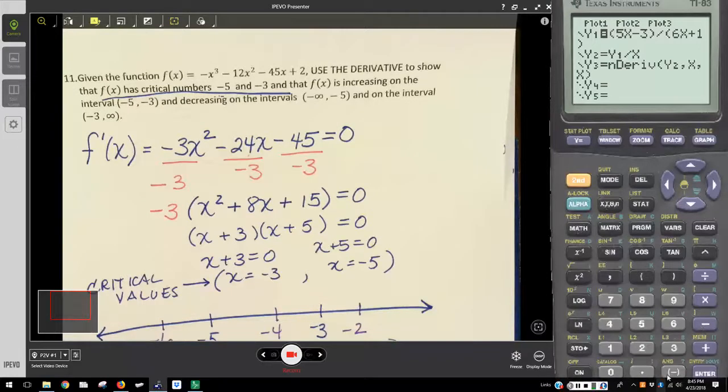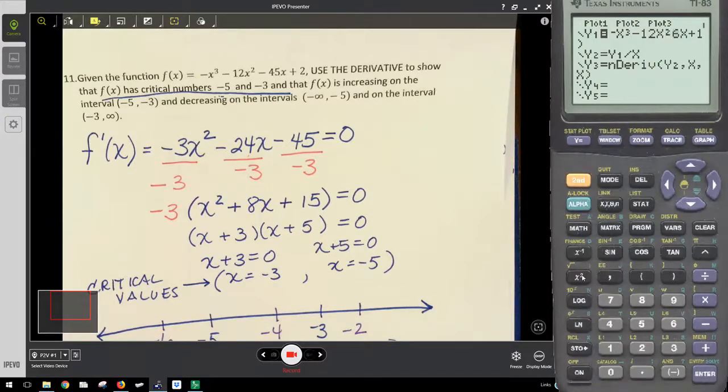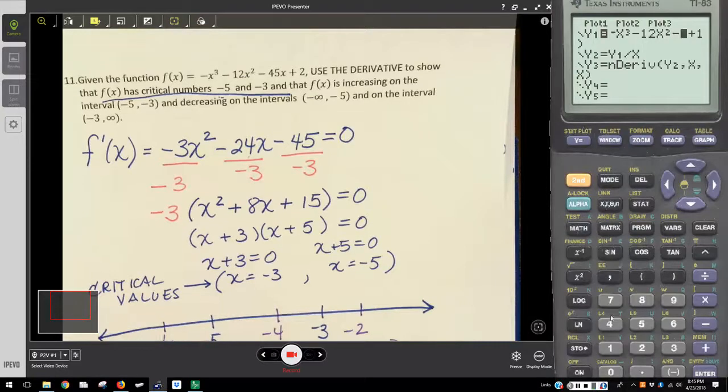So the original function is -x to the third minus 12x squared minus 45x plus 2.